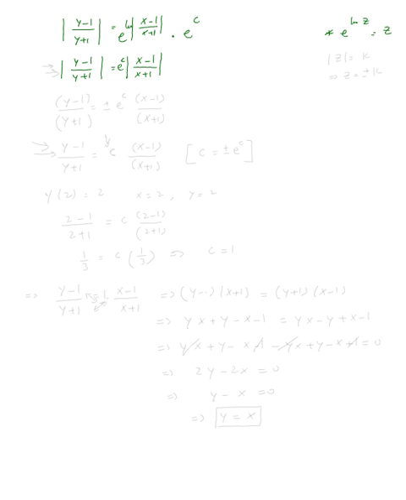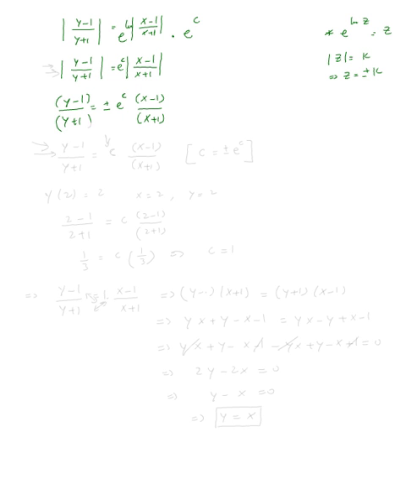Right? Now two absolute values are equal. Now remember, the absolute value of z equals some number k. I'm assuming k is positive, means z is equal to minus or plus k. So in this case you get y minus 1 over y plus 1 is going to be equal to minus or plus e^c times x minus 1 over x plus 1.